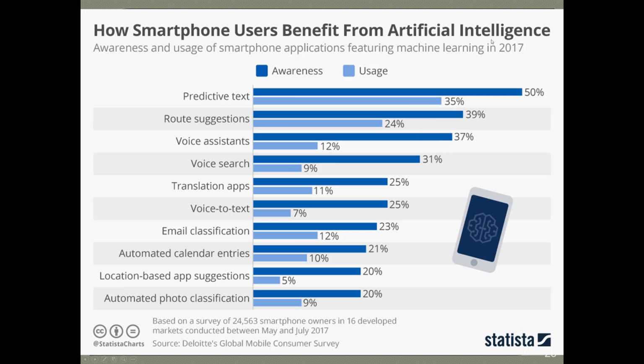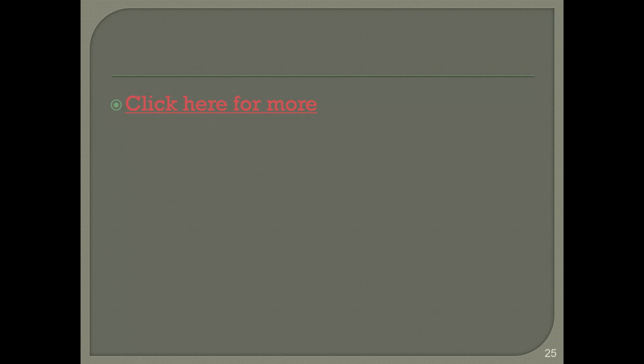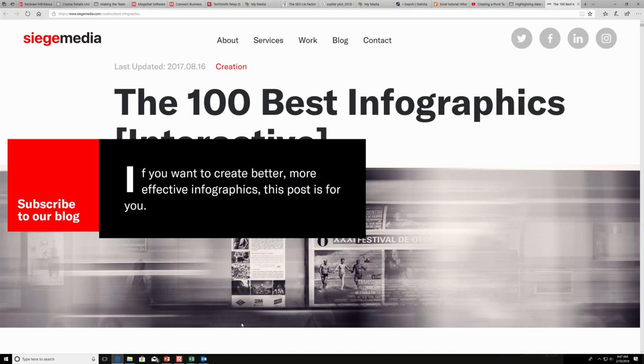Interesting. Okay, and I also have this one, most hashtag cities, London and New York City at the top. And if you want more of these, there's an article here for you. 100 best infographics.